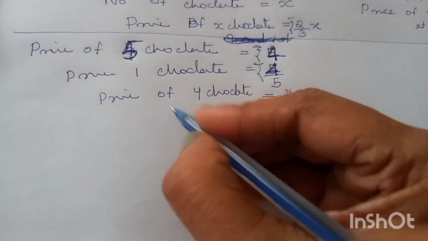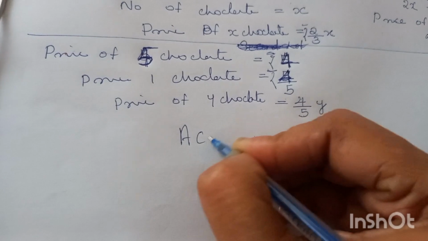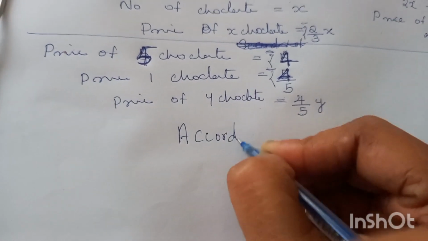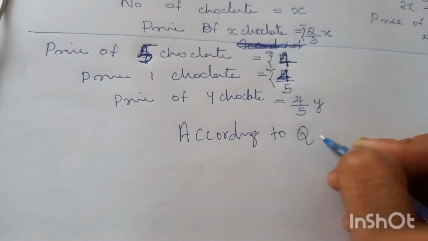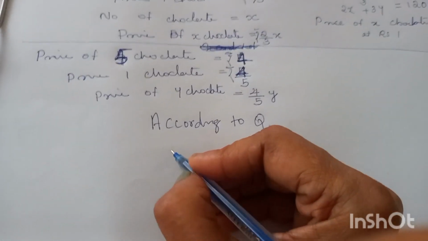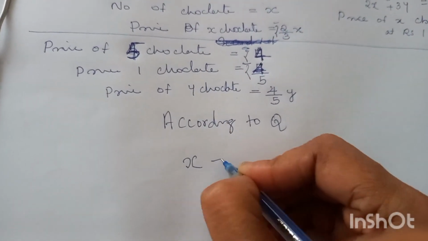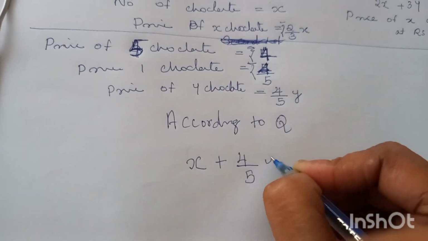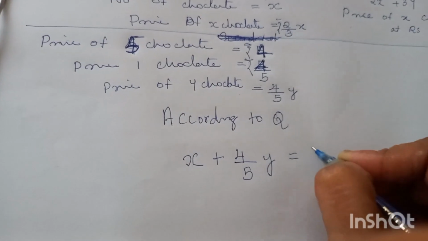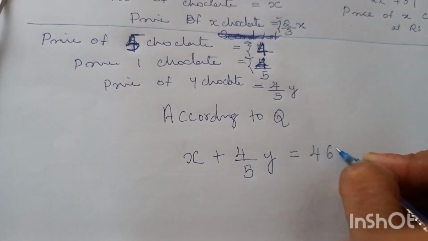Then according to the question, X plus 4 by 5 Y is equal to the total, 460.